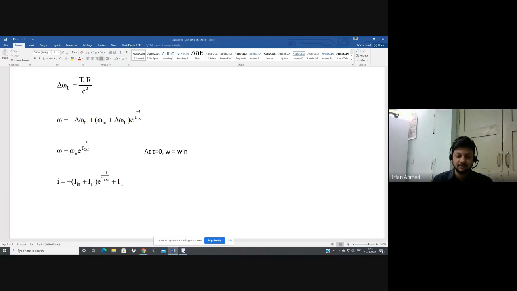And armature circuit resistance includes the armature resistance and the braking resistance. As the speed decreases, your back EMF also decreases and your armature current will also go on decreasing exponentially.